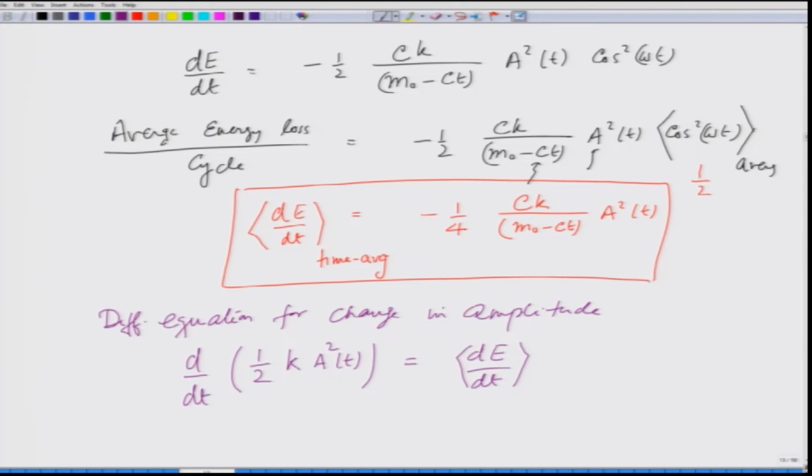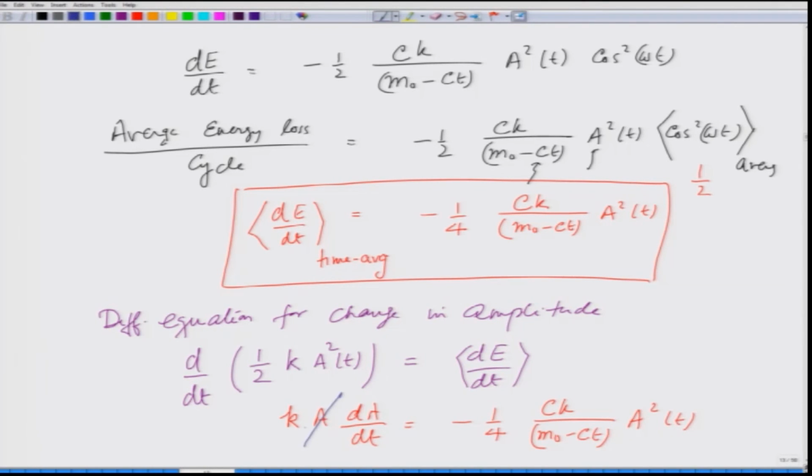And therefore, this differential gives me k A dA dt, which is equal to minus 1/4 c k over m naught minus c t A square t. I can cut a few terms on the two sides.